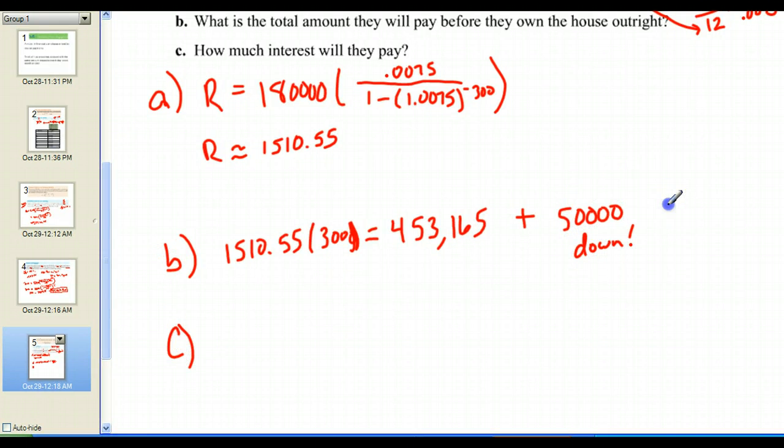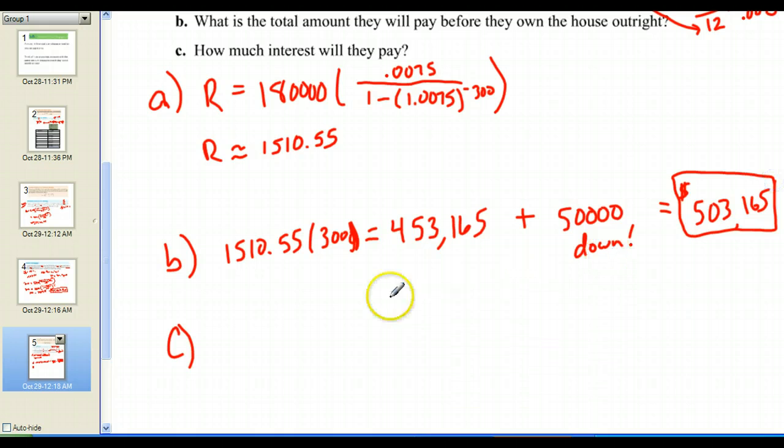Oh, yeah, add it together, Dave, which is $503,165. That's how much you totally paid at the end.